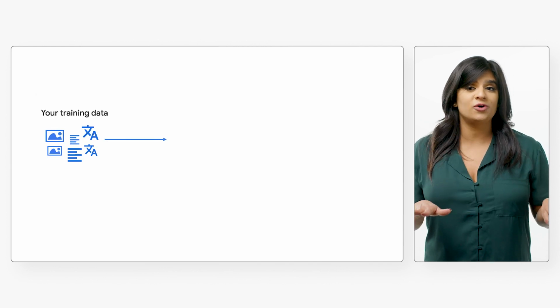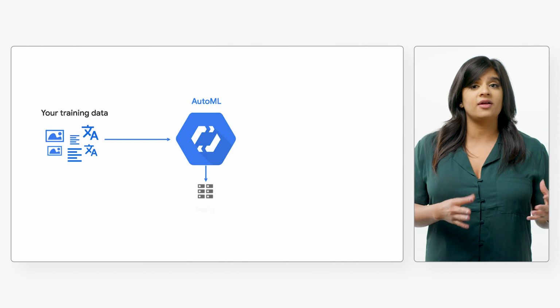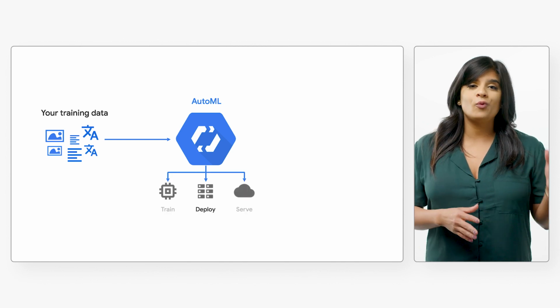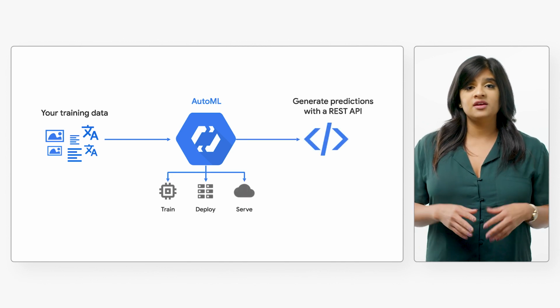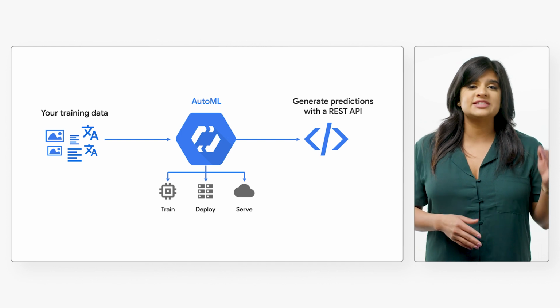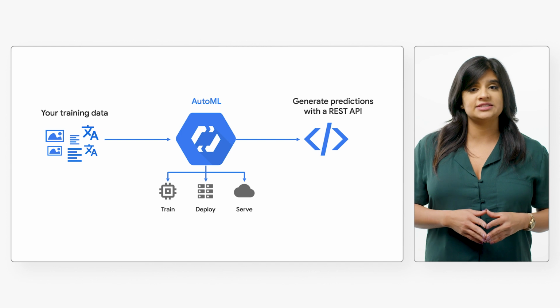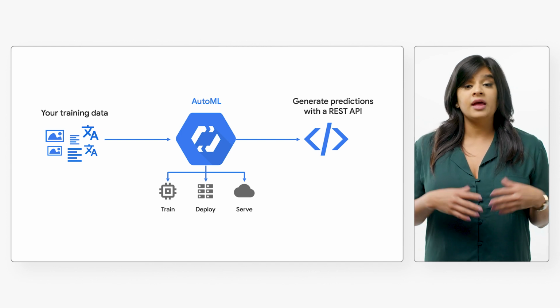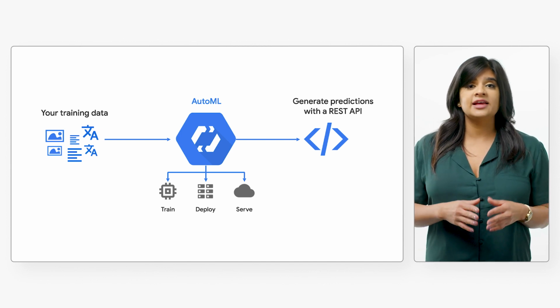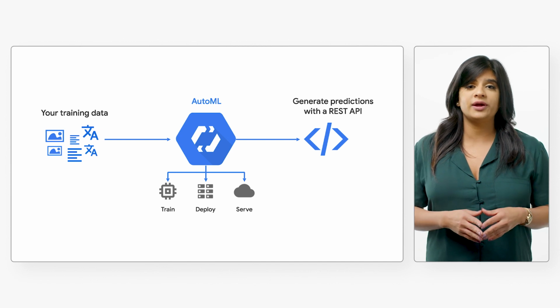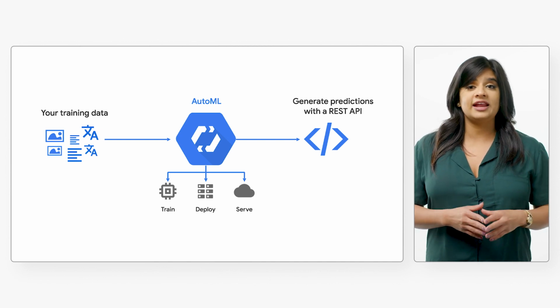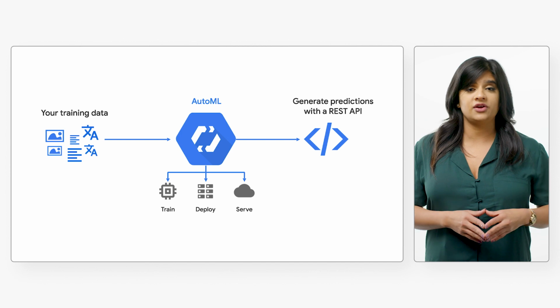There is no code required for training because AutoML builds a model for you when you use its no-code interface. The console will walk you through step by step the whole way, starting with importing your data into a dataset, then training the model, how to evaluate the model's performance, and take you all the way through deploying your model so you can get an endpoint that you can call from your application code.